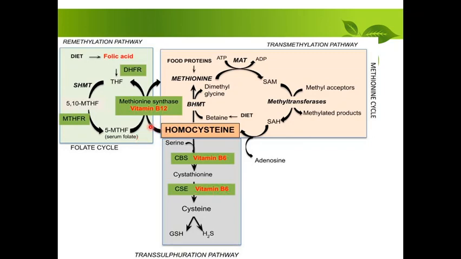Homocysteine combines with 5 methyl tetrahydrofolate in the presence of methionine synthase, which requires vitamin B12, and in this way the tetrahydrofolate is formed and homocysteine is converted to methionine, right? And this is the possible way to control the level of homocysteine.